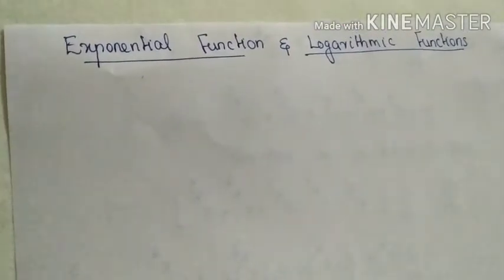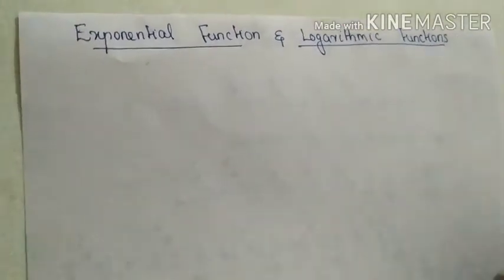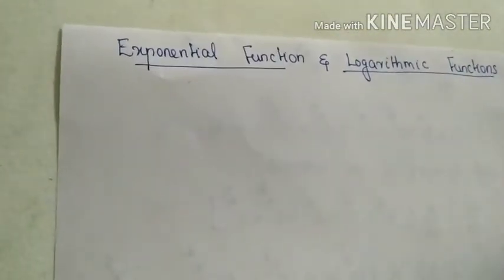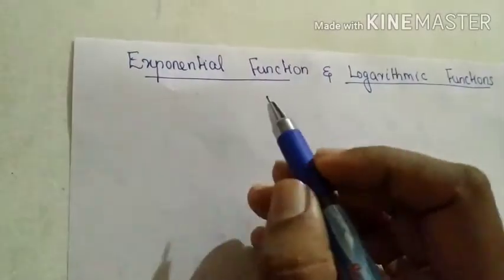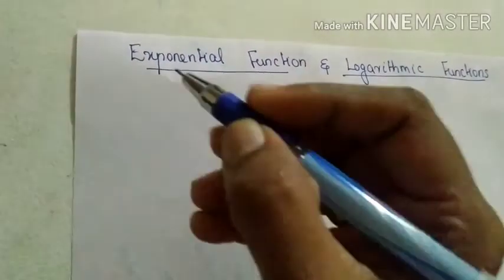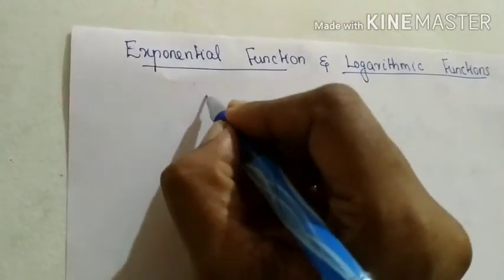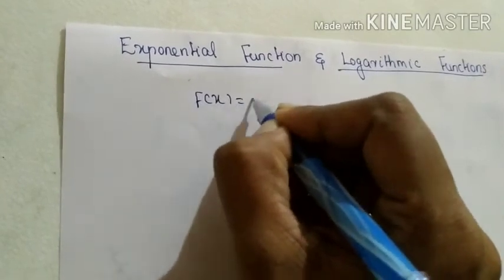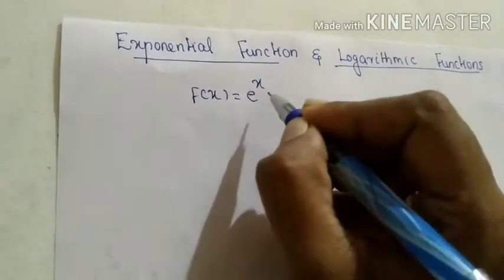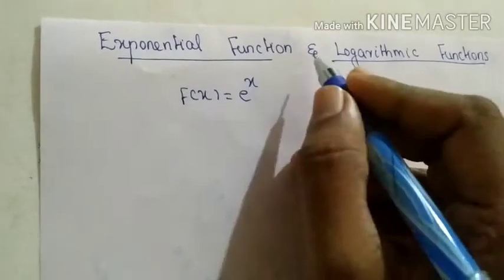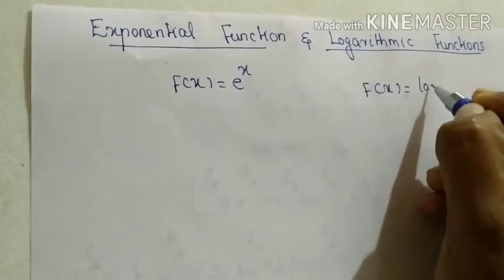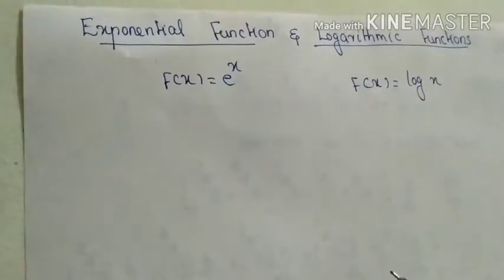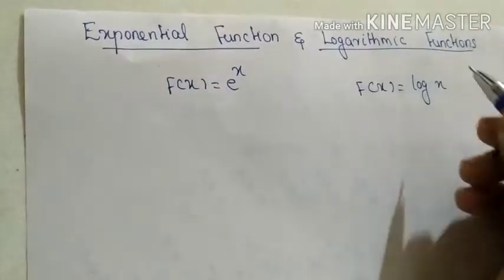Today I am going to introduce two new derivatives of function. First function is f of x equal to e raised to x, and this function is called natural exponential function, and second function is log x, and this function is known as logarithmic function.